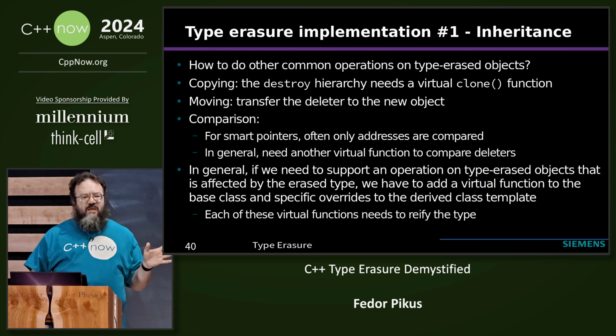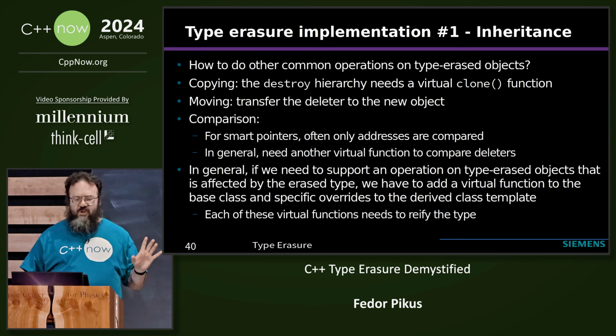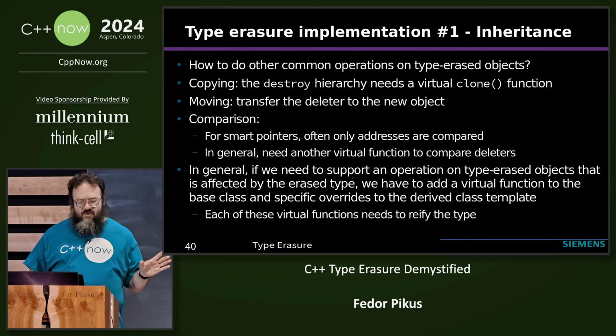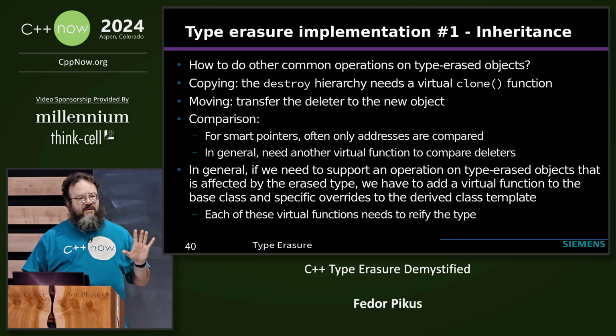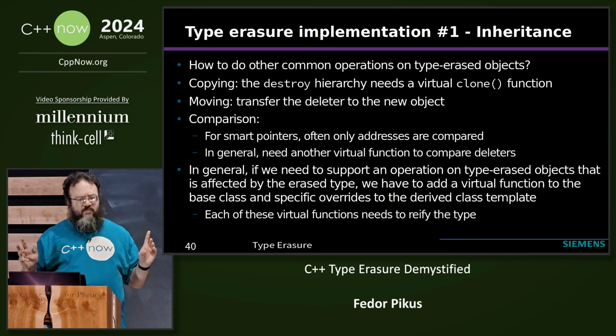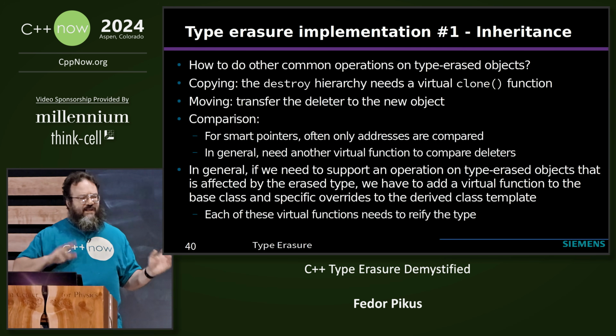For the comparison, again, you have a choice. So in particular, shared pointer compares equal even with different deleters. They only look at the addresses. If you do want to compare the erased types, then it's yet another virtual function. So all the aspects of behavior that you deem relevant, and previously I said there are only two relevant ones, how to use the deleter and how to delete the deleter.